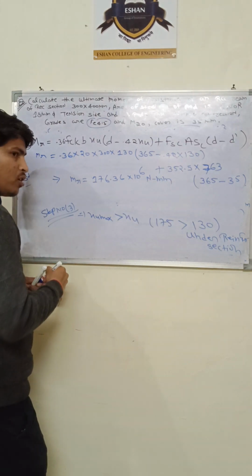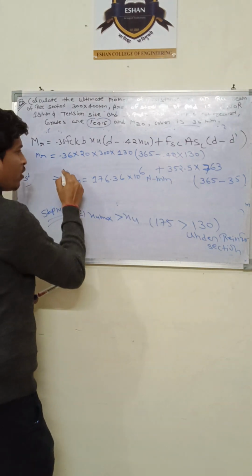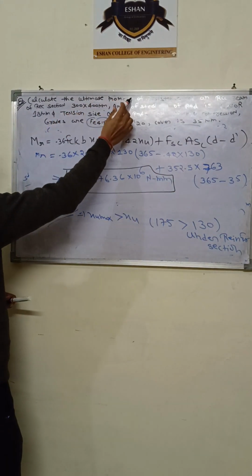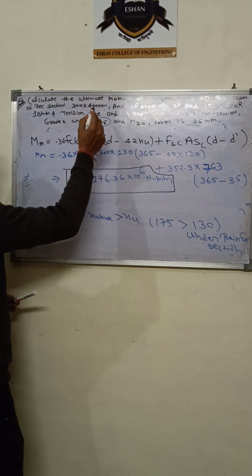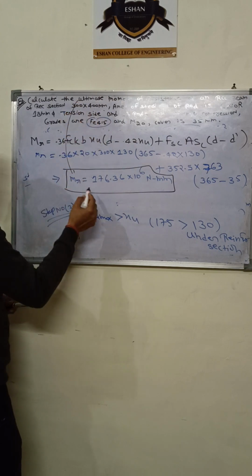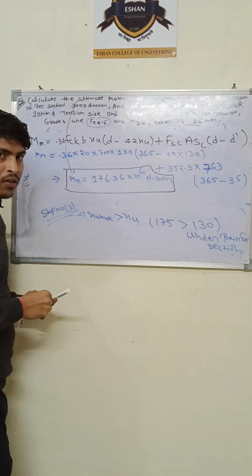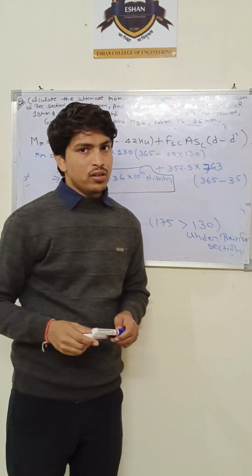This value is obtained when you calculate the moment of resistance. So here we calculated the ultimate moment of resistance, and its value is 176.36 into 10 to the power 6 Newton mm. I hope you understand very well. Thank you so much.